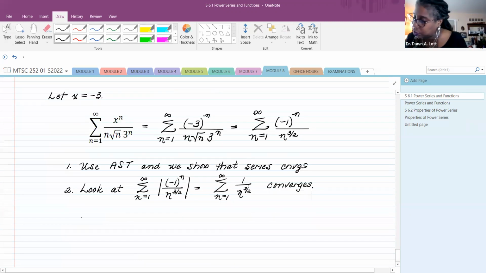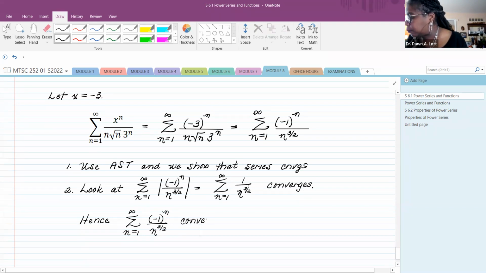So hence this sum converges absolutely. But that just implies that it converges.